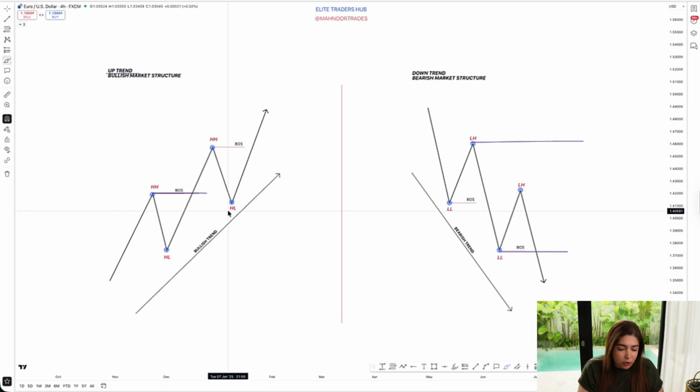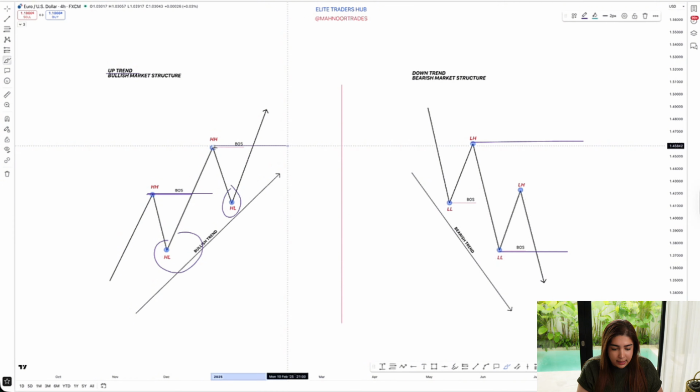Now, after the price breaks past the swing high, the low that caused the break of structure, that caused the break, becomes the new swing low, right? In this case here, once this low here pushed the price higher to break past this higher high, this low here then becomes a new swing low, okay?